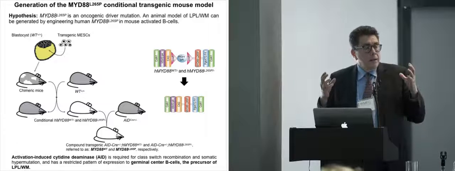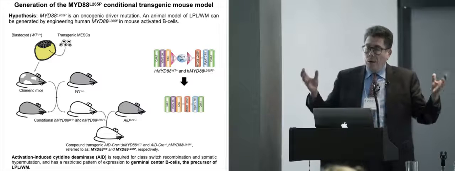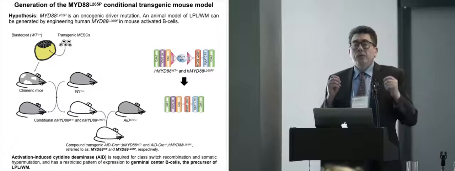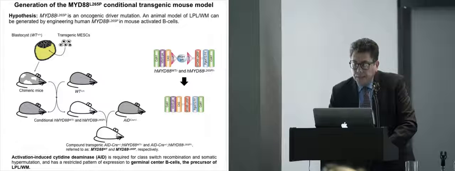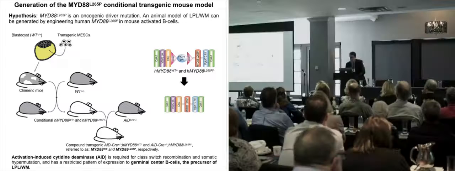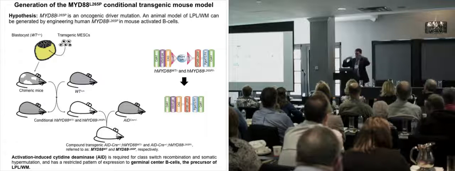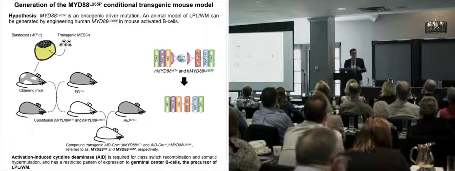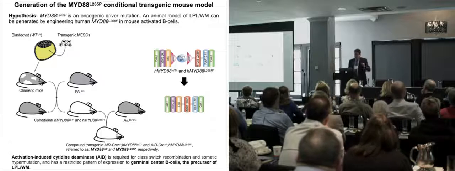It's a protein that is produced in bacteria. It's not produced by human or mouse. But what that protein is going to do is recognize this sequence, and it's going to cut out this fragment of DNA, and we are going to have expression of the mutant protein MYD88 or wild type in germinal center B cells.